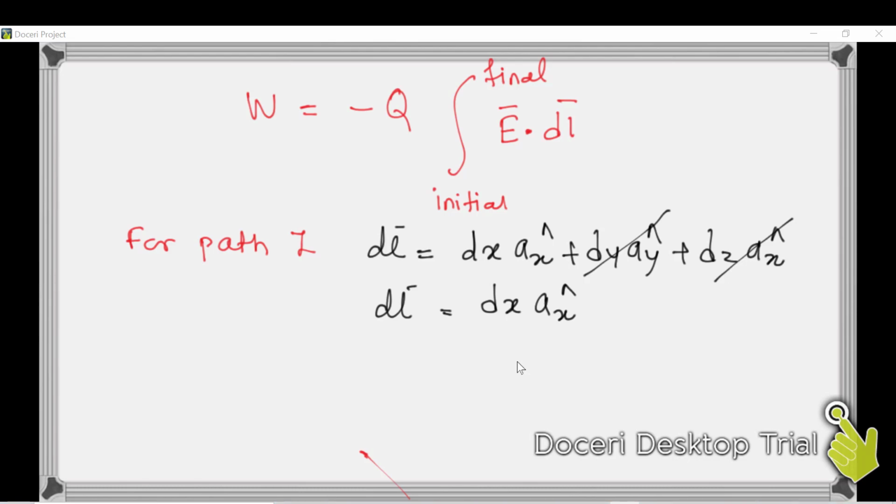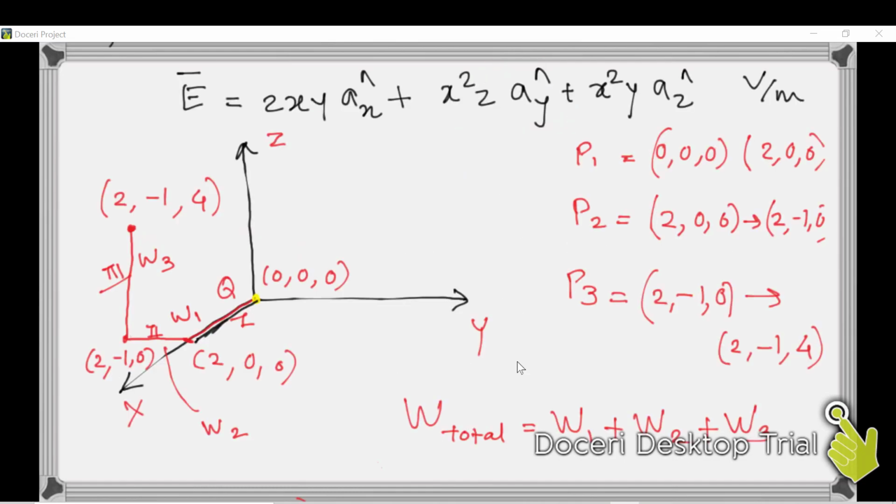Then similarly for path 2, there is a change in only the y direction. Here x is constant at 2, so the x value has remained constant. Only the y value changes, that is, y has changed from 0 to -1.